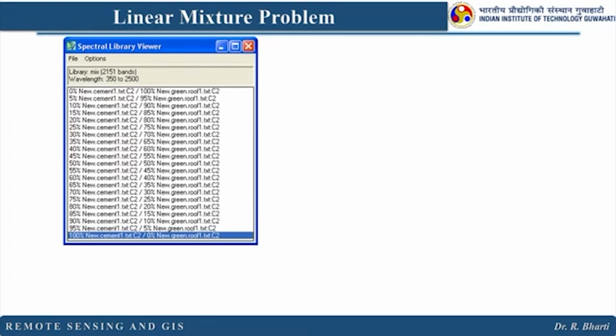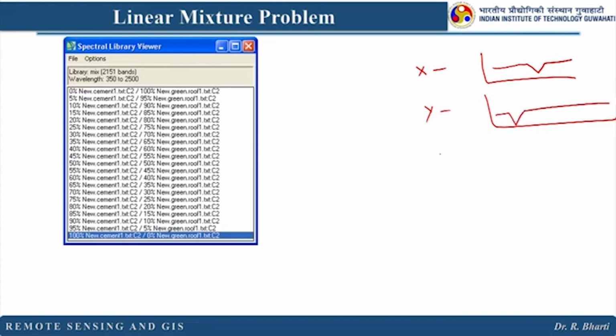We have to use the unique or pure spectra of X, Y, Z. So, for X, this is the spectral response, right. For Y, this is the spectral response, and for Z, let us assume this is the spectral response.